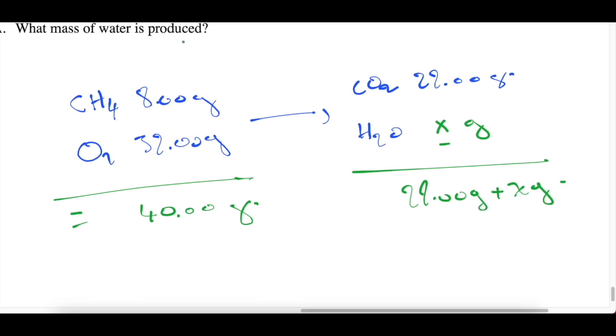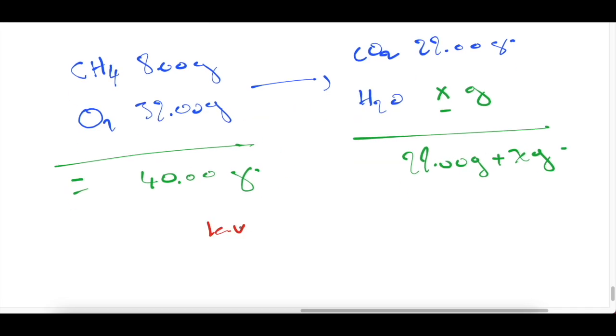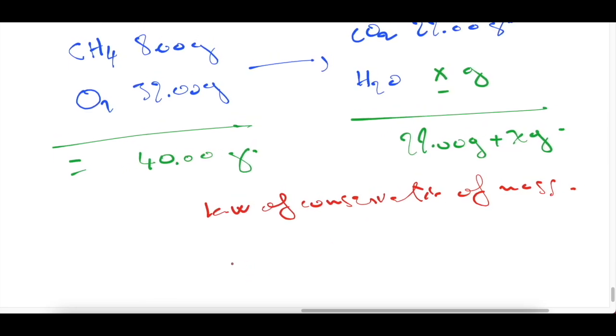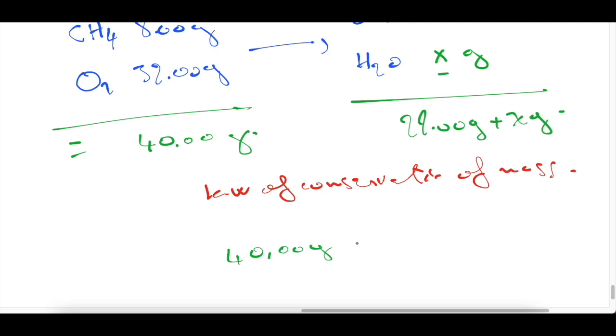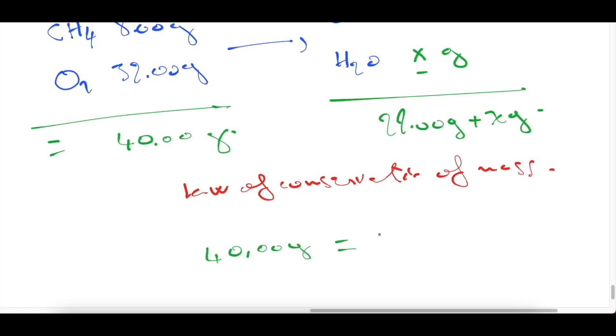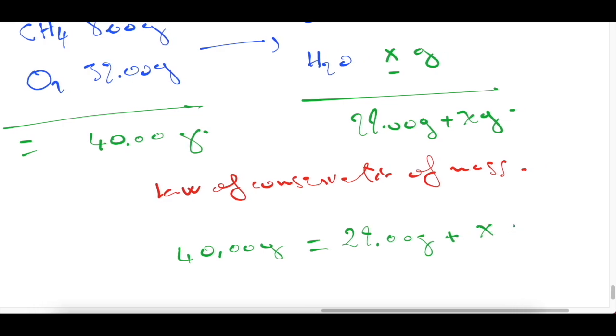How do we find X? Using the law of conservation of mass, the 40 grams of reactants is equal to 22.00 grams plus the unmeasured mass of water.